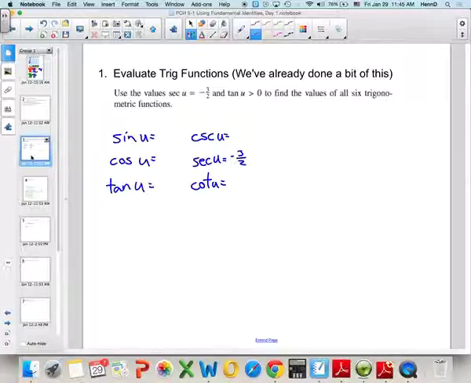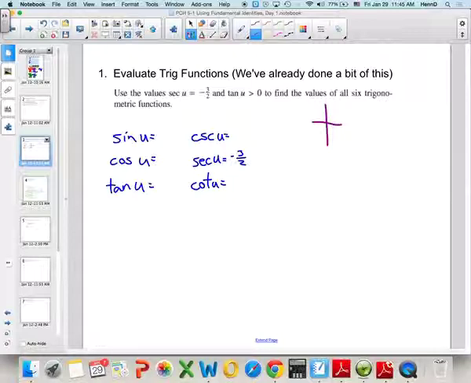So first thing here, we're told that the secant of u is -3/2 and tangent is positive, and we want to find the other 5 trig functions. So first things first, what quadrant are we in? We have to be in the third, because secant's negative.